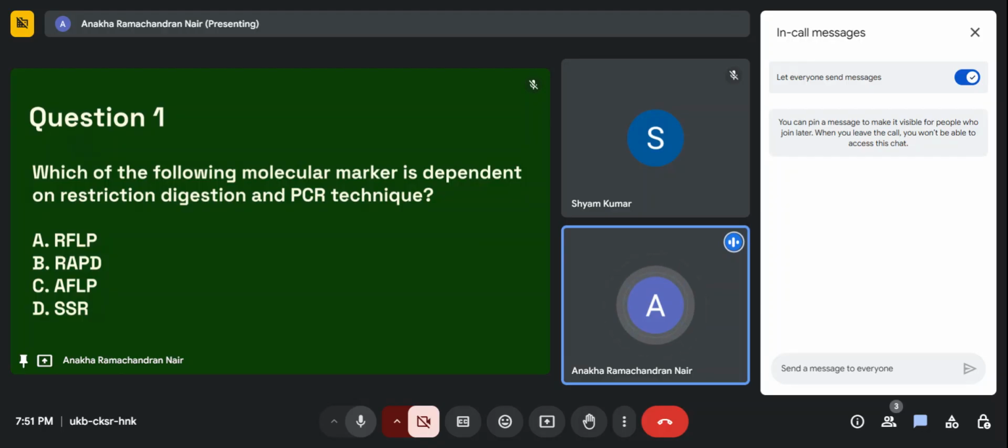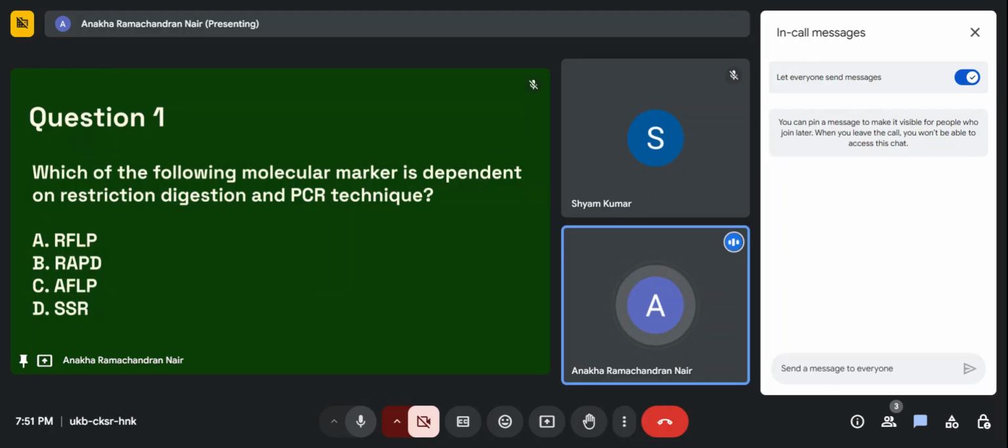Which of the following molecular markers is dependent on restriction digestion and PCR technique? There are four options given to you: RFLP, RAPD, AFLP, and SSR. What do you think is the correct answer? Any guesses?